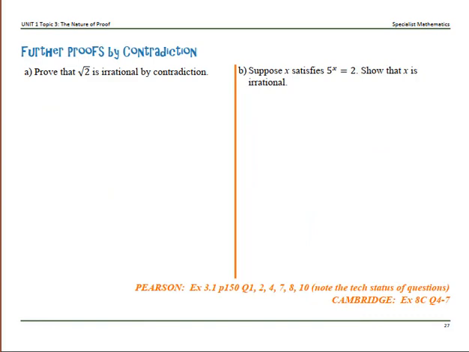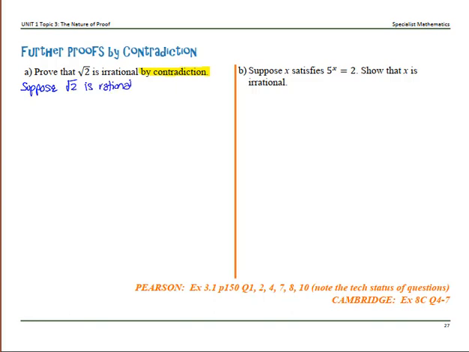Further proofs by contradiction. Prove that the square root of 2 is irrational by contradiction. So if we're doing it by contradiction, we need to assume that the square root of 2 is rational, because we're doing it by contradiction. So suppose square root of 2 is rational.